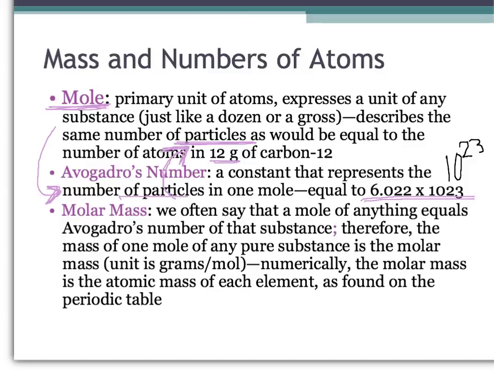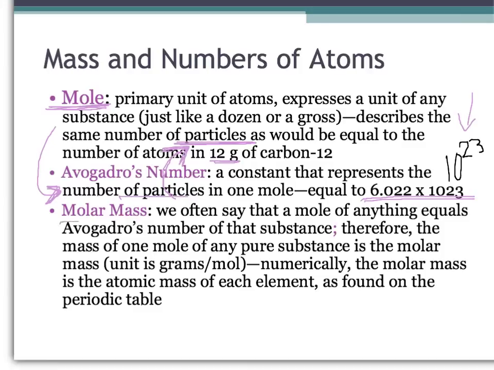So 1 mole of carbon is 6.022 times 10 to the 23rd atoms of carbon. 1 mole of humans would be 6.022 times 10 to the 23rd humans. You can see that is an exceptionally large number. Because atoms are so tiny, it takes tons of them, in fact, 6.022 times 10 to the 23rd of them, to make up 1 mole.